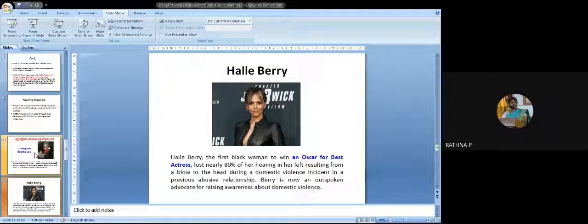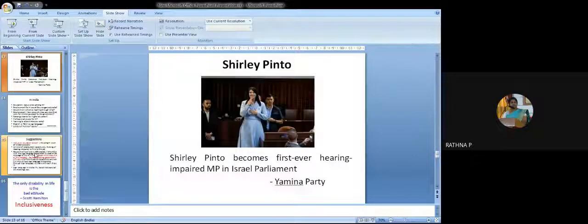She lost nearly 80% of her hearing in her left ear, resulting from a blow to her head during a domestic violence incident in a previous abusive relationship. And she is Shirley Pinto, the first ever hearing impaired MP in Israel's Parliament.